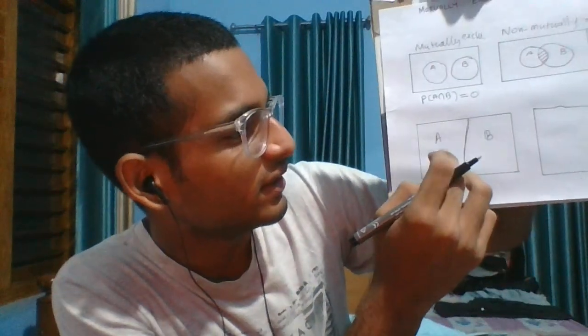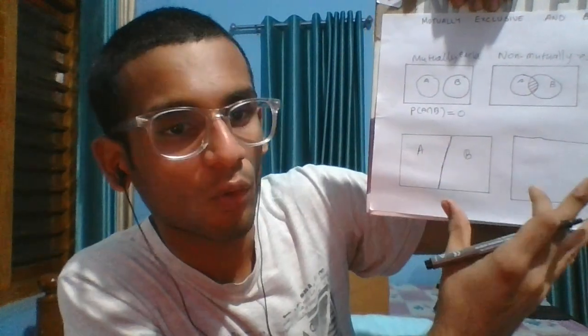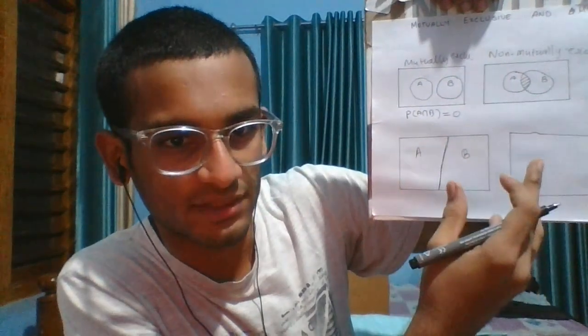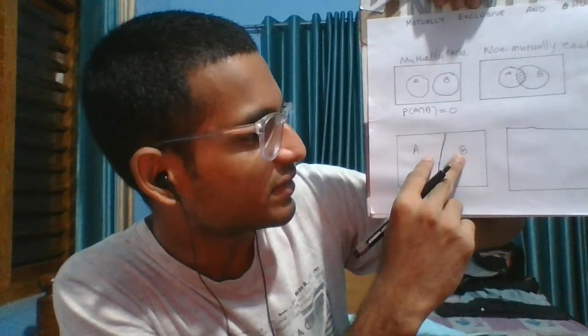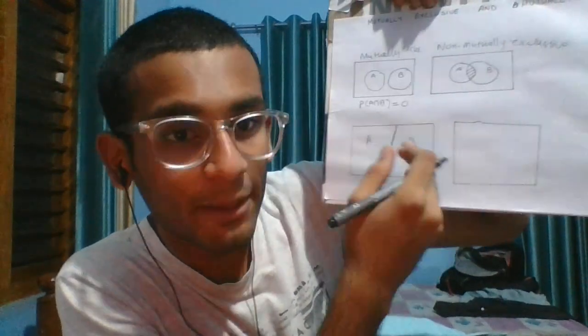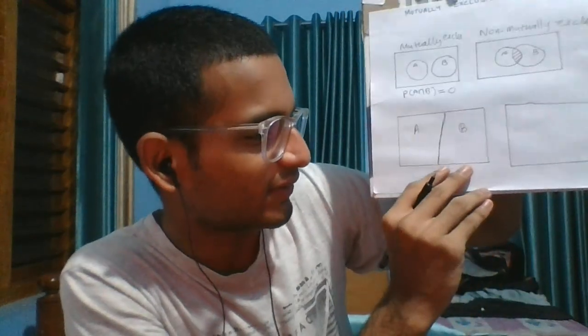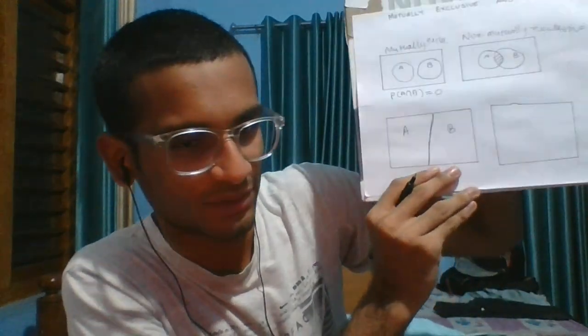But here you can see that this is event A, this is event B, and both of them take up the whole of the sample space, and that's when two events are mutually exhaustive. You can say that when they take up the whole of the sample space, when there is no empty space. That's how I define it. You can find the correct definition on the internet, I don't remember it.